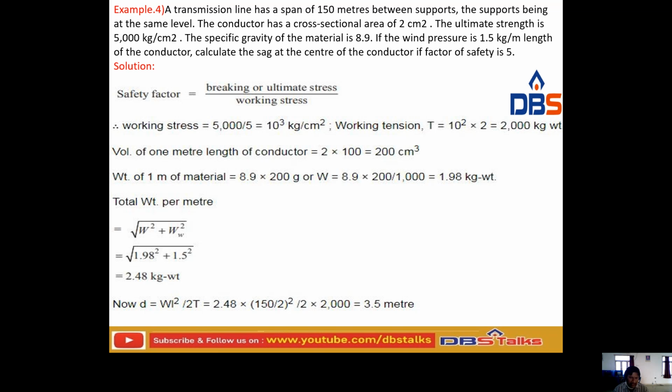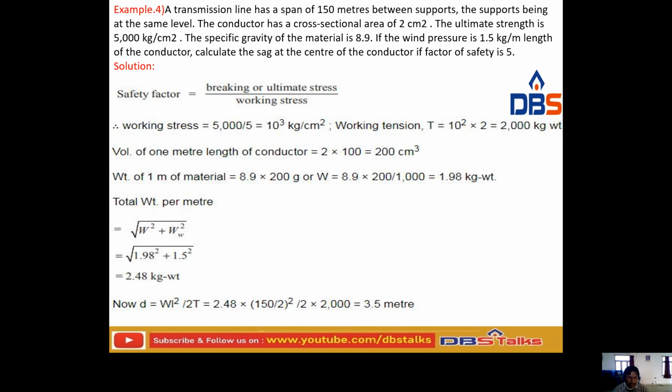So now calculating the sag. Sag is omega L square by 2T. We don't calculate the slant sag or equal support sag; we have to calculate the sag at the center of the conductor, that is equal to omega L square by 8T only.